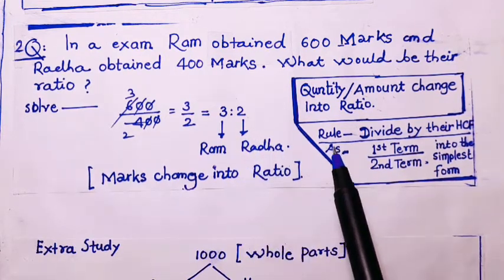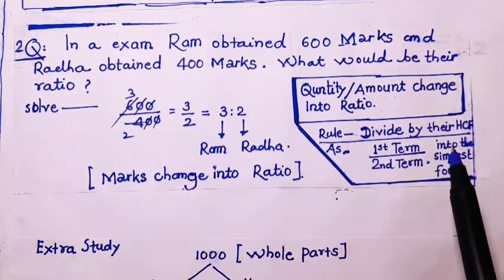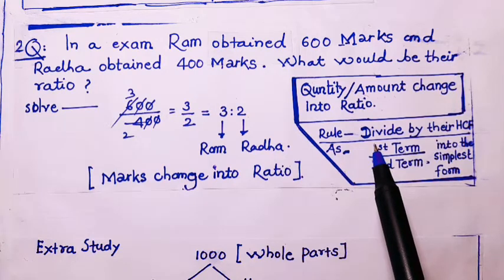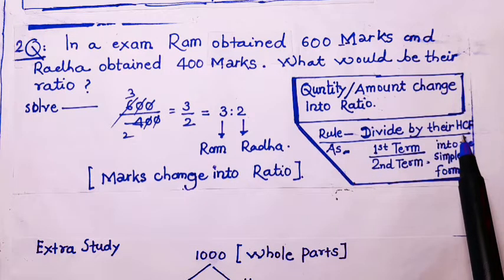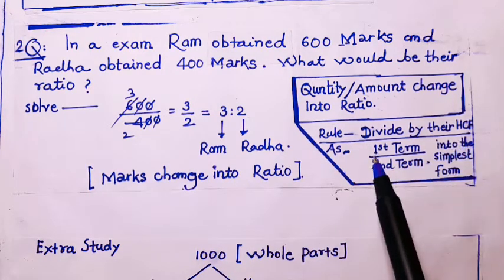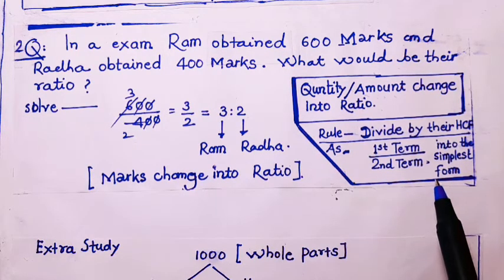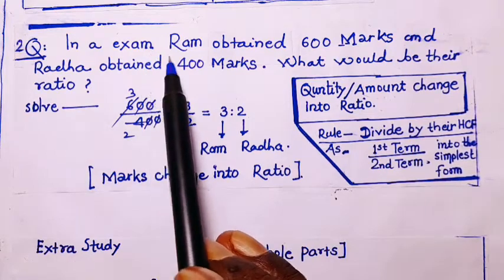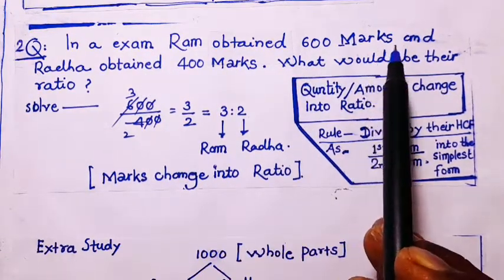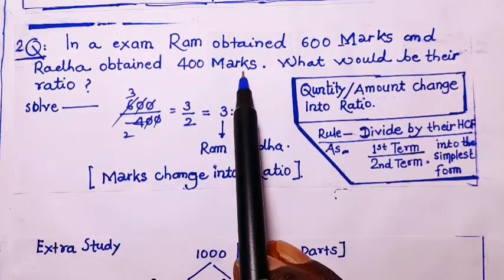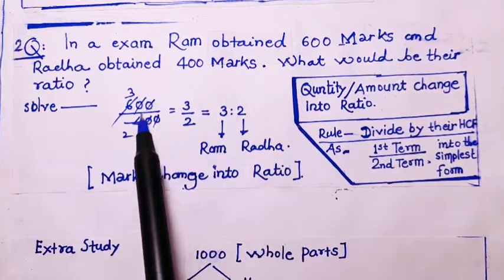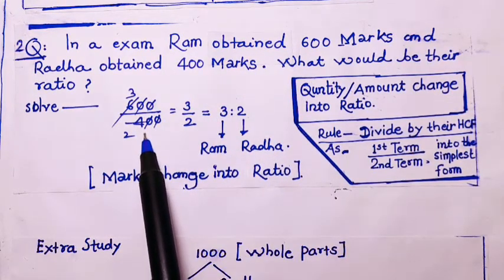For this, the rule is given here: dividing by their HCF, first term, second term, into the simplest form. In the exam, Ram obtained 600 marks and Radha obtained 400 marks. Both these numbers will be written in a fractional way.